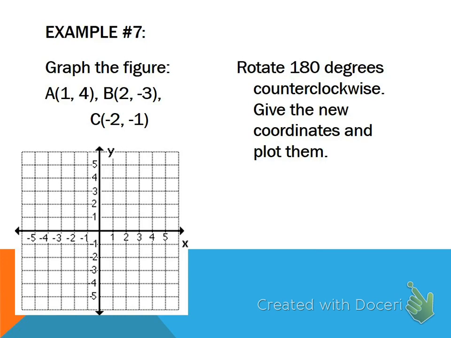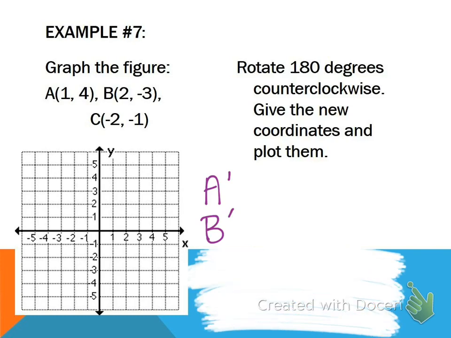Again, we've got points A, B, and C. We are going to graph them, rotate it 180 degrees counterclockwise, and then give the new coordinates and plot them. So eventually we'll have an A prime, B prime, and C prime. First, let's plot ABC.